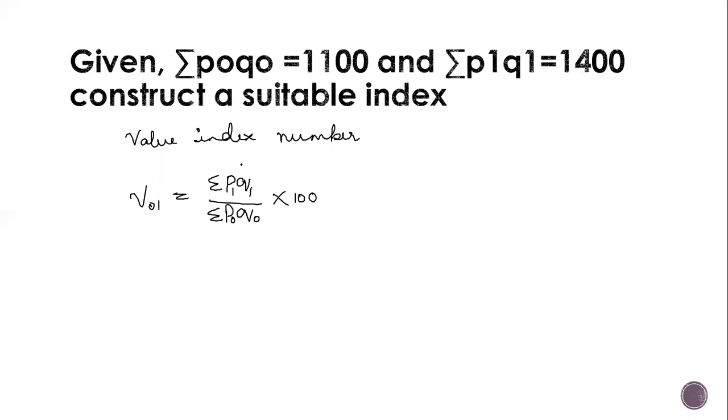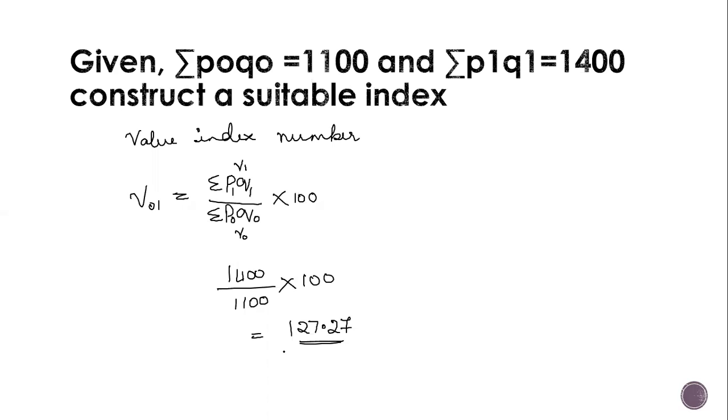This is nothing but the total value of the current, and this is the value of the base. So it is 1400 divided by 1100 into 100, which will give you the value 127.27. So like this you have to find the value index number.